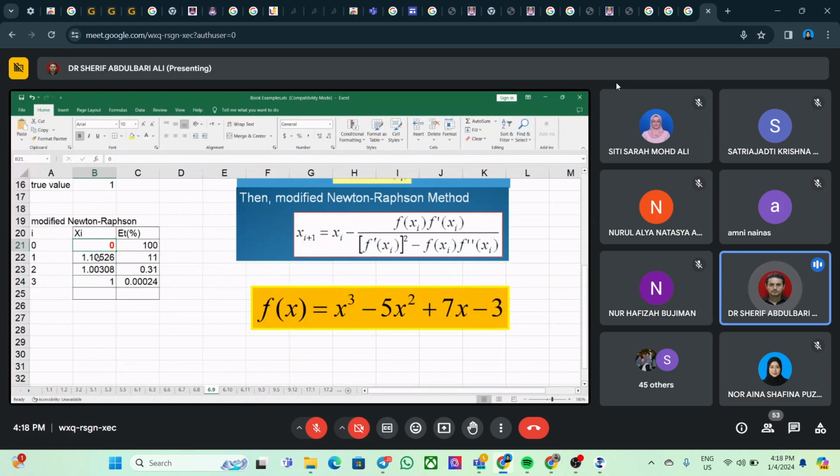So for your second value, you're supposed to get the answer of 1.105, and for the second iteration, 1.0, and for the third iteration, you are going to get the true value, which is equal to 1. If you substitute the value of 1 in here, this function will be equal to 0. I want you to try that. I'll give you about 10 minutes to try it. If you have any questions, please ask.